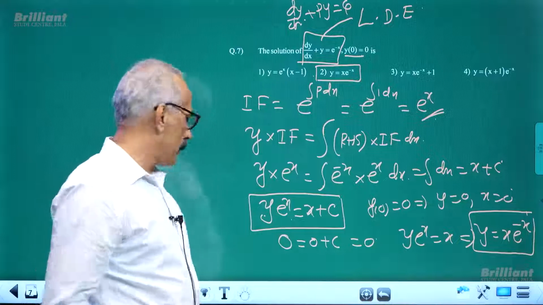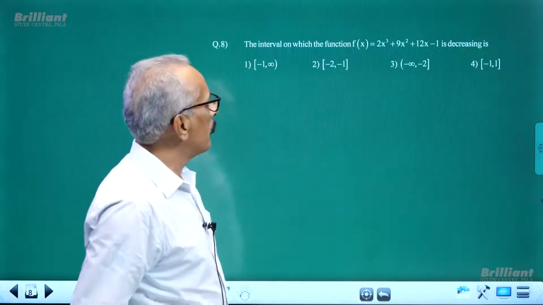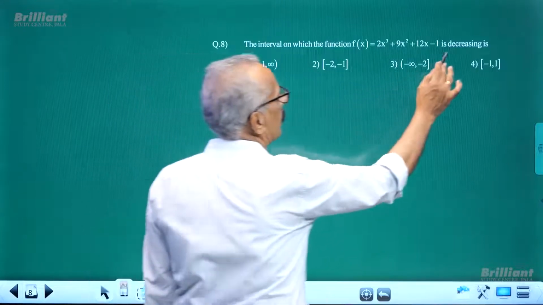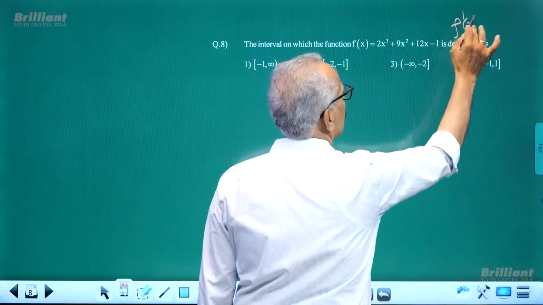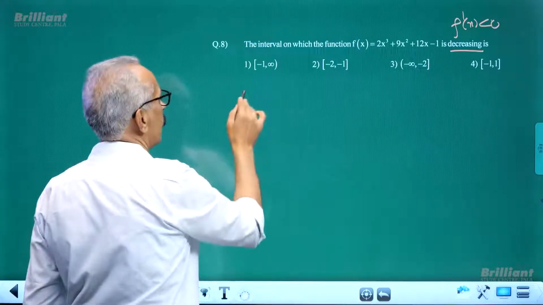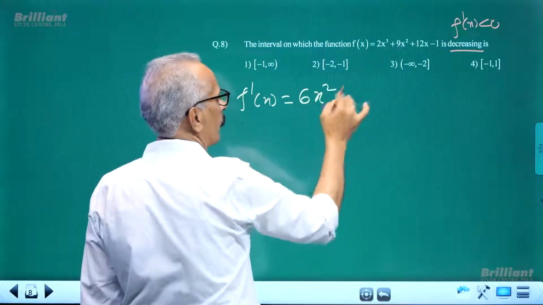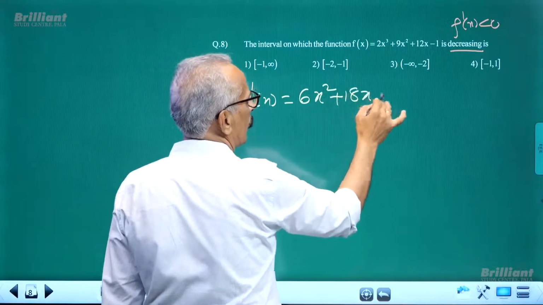Now on to question 8. The interval on which the function is decreasing. Many a time I discuss this: decreasing means what? f dash x is less than 0. We will calculate f dash x less than 0. What is f dash x? 6x square, differentiate, plus 18x plus 12.